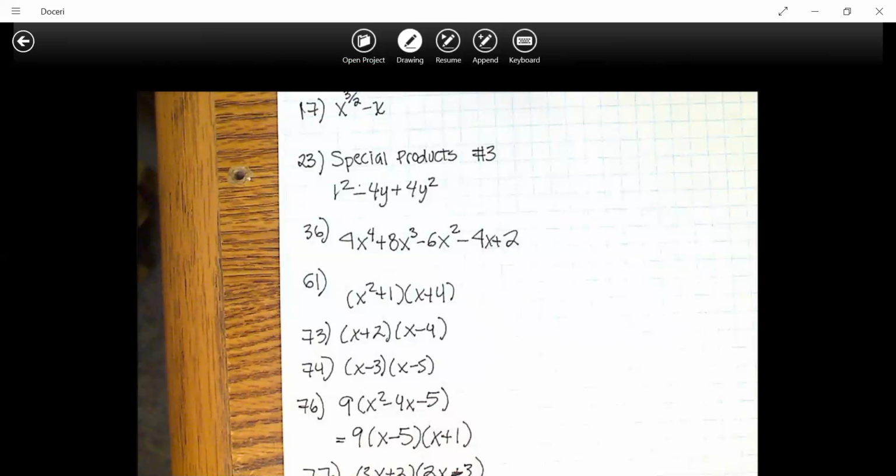You have it just flipped. That's fine. You have it with the leading term. This is actually better. Right here. Just on the regular one.